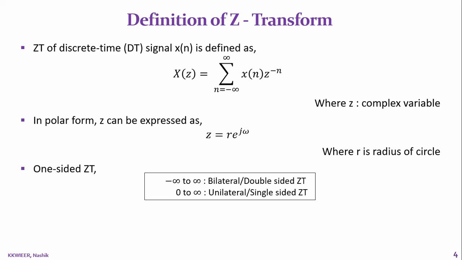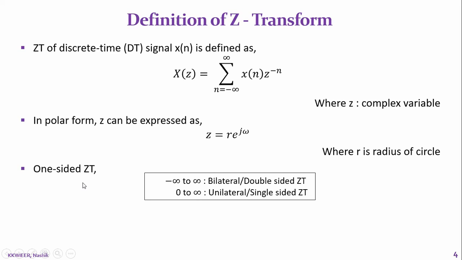If the summation runs from 0 to infinity, that means only one side of the axis, only the positive side of the axis, that is called the unilateral or single-sided Z transform. Now, in the above equation, the summation runs from minus infinity to infinity, so it is a bilateral or double-sided Z transform.